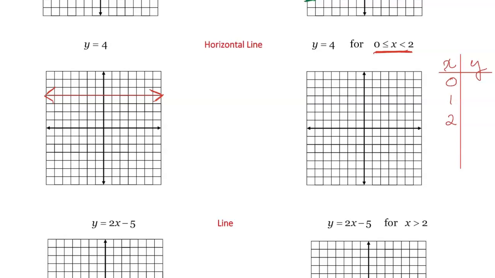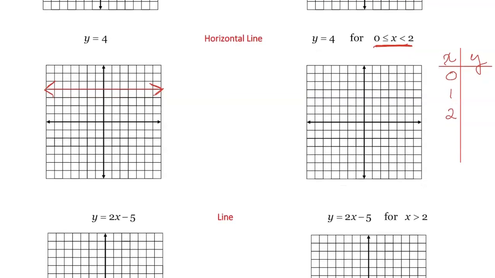I'm going to write that this is closed and closed here because it's not a strict inequality. It's closed in the first one, but it's open in the next one because the last one at 2 is a strict inequality. See that? So take note of that, because if it's less than or equal to, you get to put a closed circle. If it's less than, you get to put an open circle.